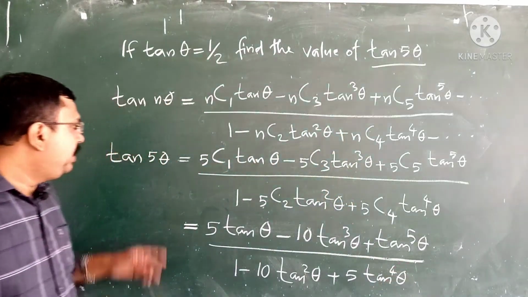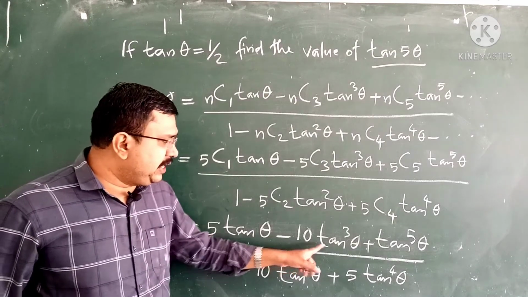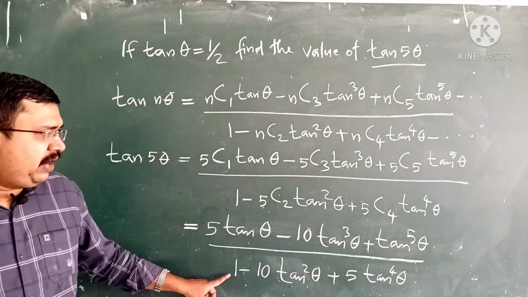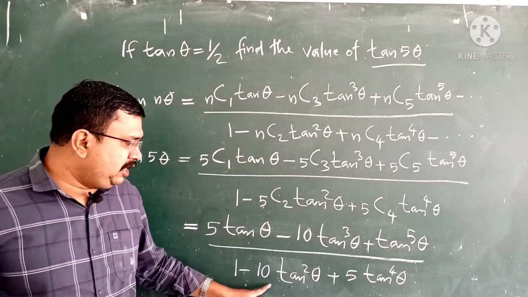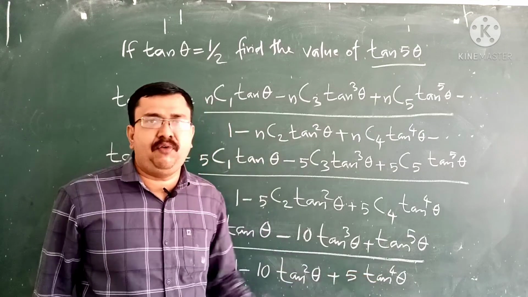Okay. Tan 5 theta is equal to 5 into tan theta minus 10 tan cube theta plus tan raised to 5 theta divided by 1 minus 10 into tan square theta plus 5 tan raised to 4 theta.